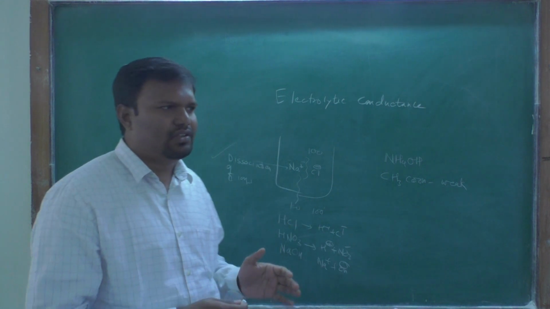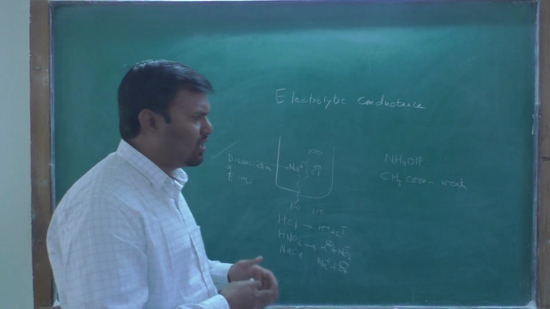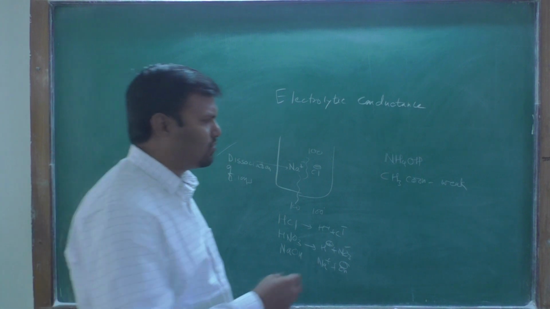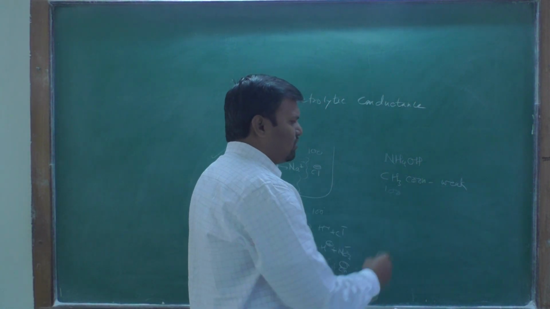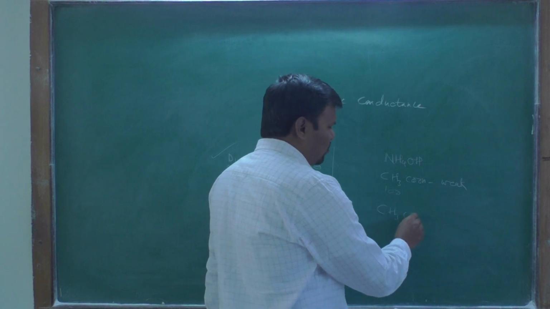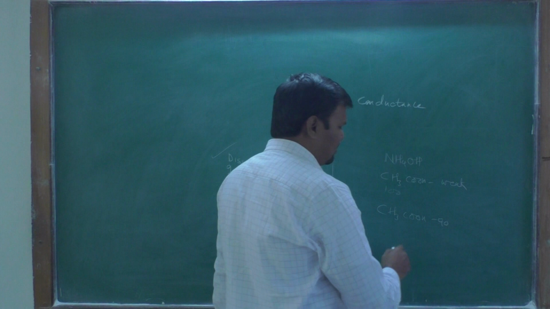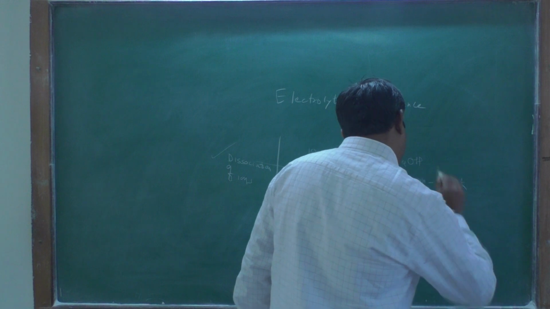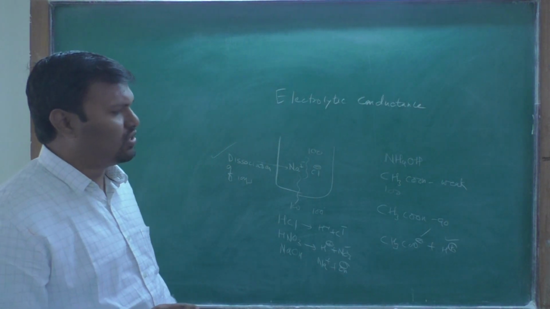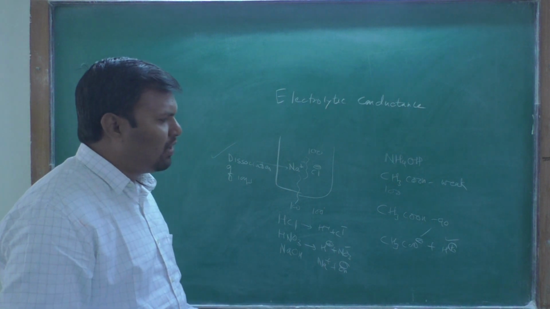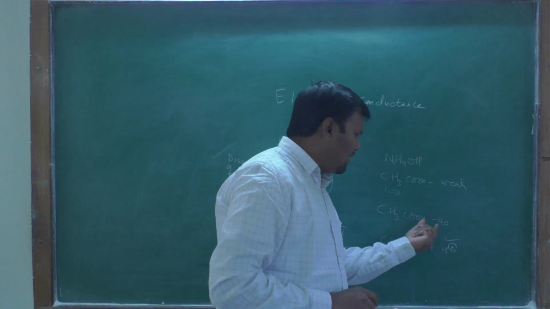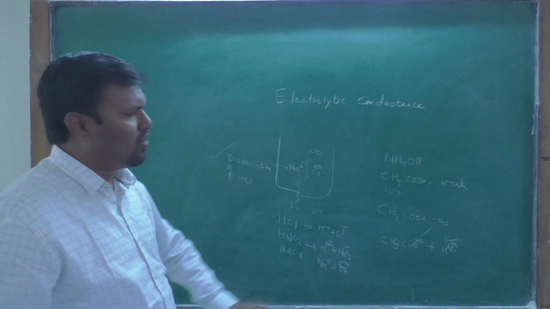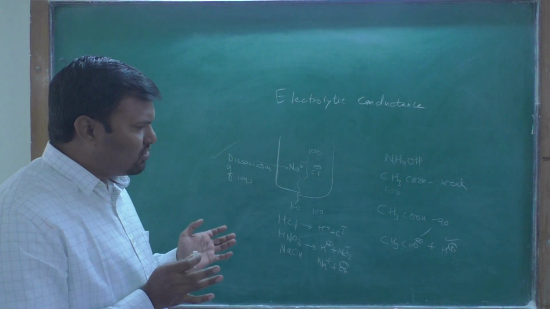If the extent is 20%, 25%, or 10%, that is the dissociation that takes place. Suppose out of 100 molecules of CH3COOH, 90 molecules remain as they are, but only 10 molecules give ions. Complete dissociation means it gives CH3COO minus and H plus ions almost 100%.